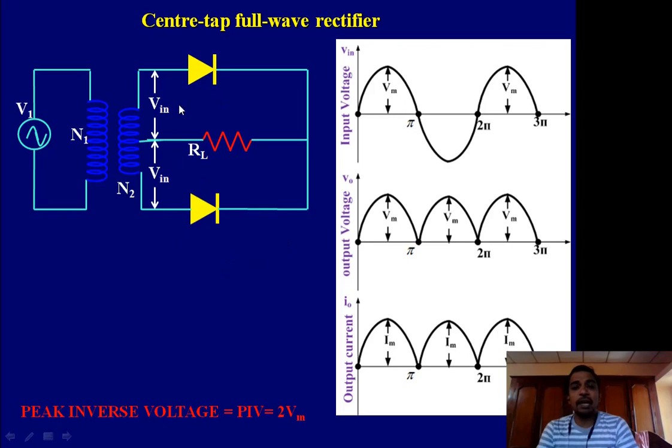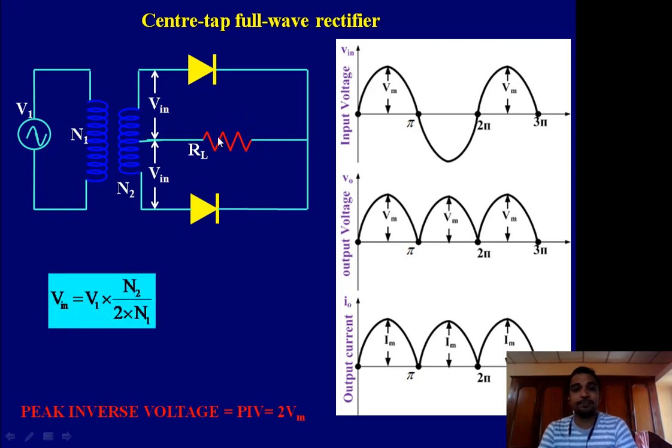Two diodes I am going to use in this circuit, D1, D2, right? So these two diodes will make a complete waveform rectification process. How it is going to happen, we will discuss. This is the output resistance. The available voltage is the input voltage V in into the N2 by N1 ratio divided by 2.